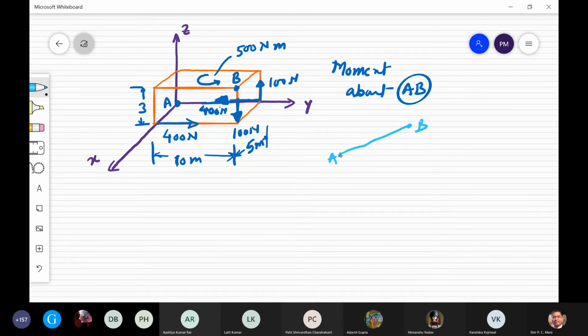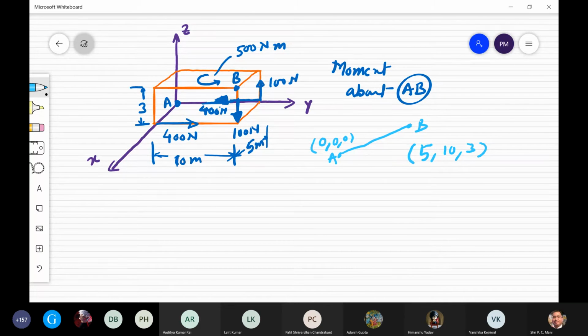So A coordinates are 0, 0, 0, and B coordinates are how much? This is 5, y is 10, and z is 3. Okay, so this way. So what is the result?